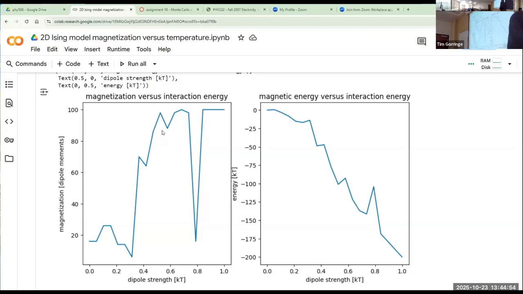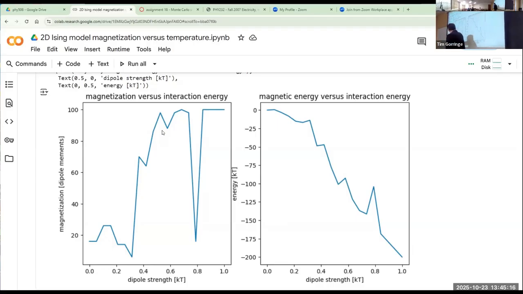And that's what I had done on this plot here. This works better if you do a larger array and more steps, so I didn't have time to run that here. Now my horizontal axis is the dipole strength.